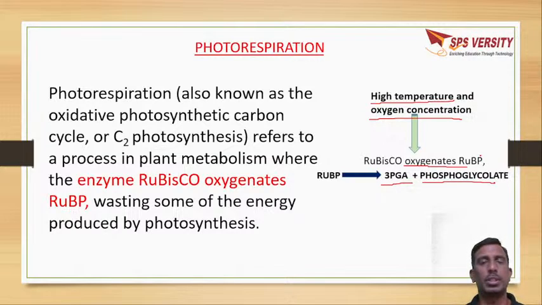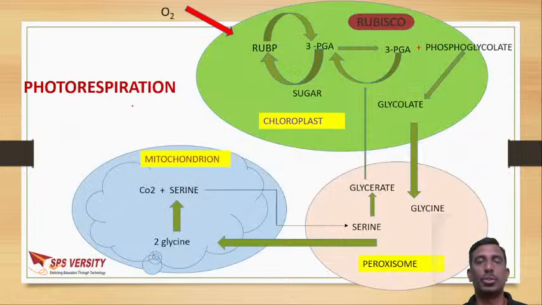So this process is called photorespiration, which is a wasteful process where CO2 is lost actually. So photorespiration के लिए 3 cell organelles required: chloroplast, peroxisome और mitochondria.